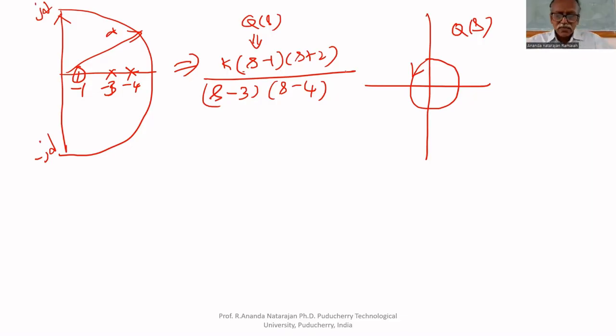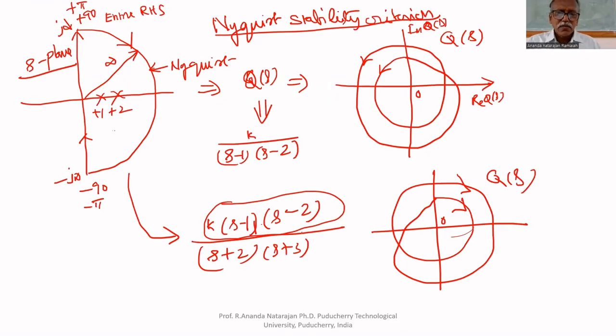Why? In the first case, P is the number of right hand side poles, P equal to 2. That's why it encircles the origin in the anti-clockwise direction that many times, 2 times.